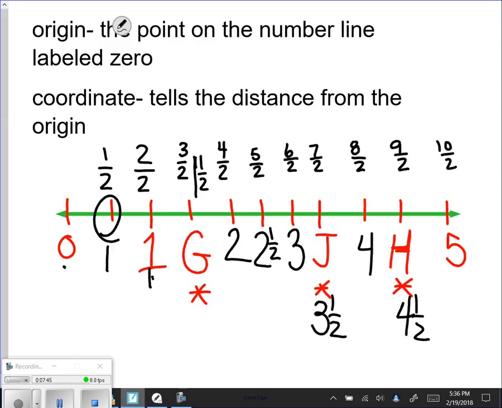So if you got that G is 1.5, J was 3.5, H was 4.5.